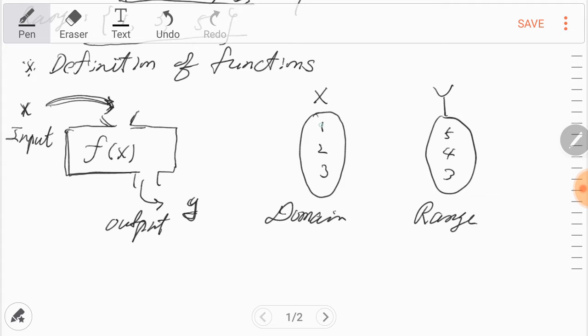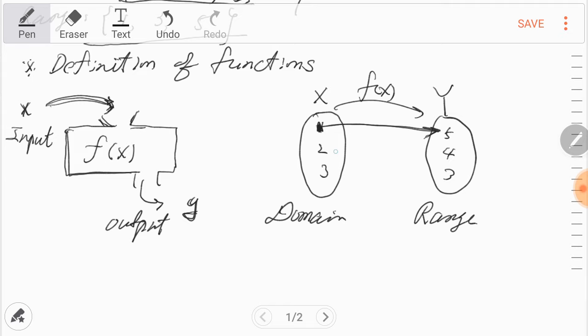For input 1, if we put 1 into the box f of x, it gives you the output, let's say 5.